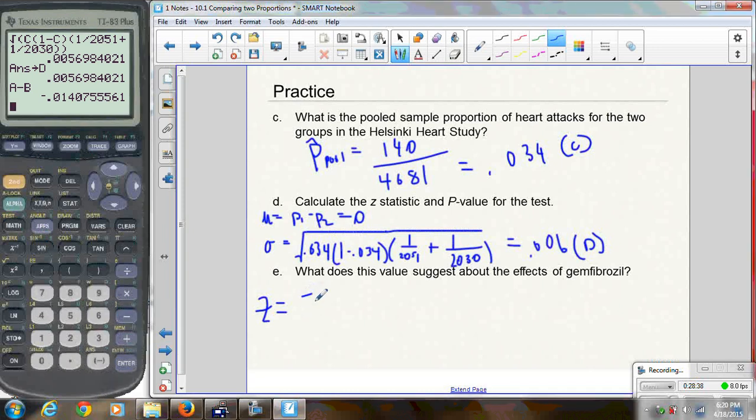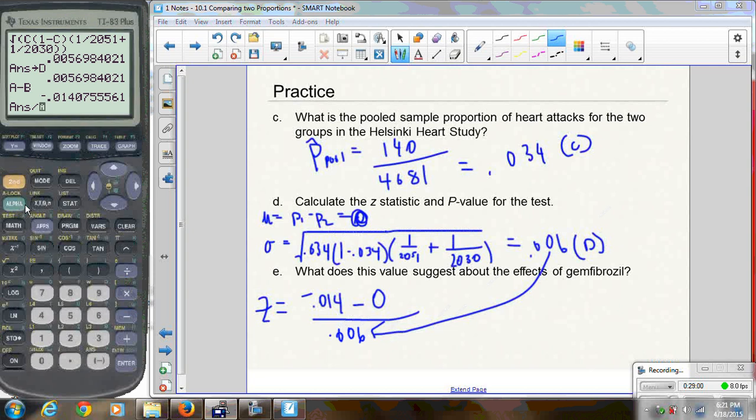I would have expected it to be. And then I'm going to subtract my mean. Well, remember, I'm assuming there is no difference, so I'm just subtracting 0, so I'm not really going to need to do anything there. And then I'm going to need to divide by my standard deviation, 0.006, which I saved in letter D. So I'm just going to basically divide that number by alpha D.